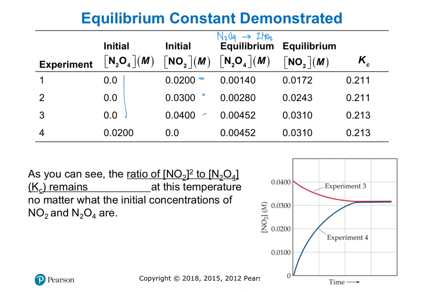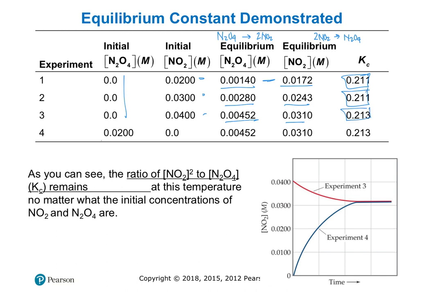Okay, so in this case, it's almost like this. 2 NO2s going to N2O4, right? So the reverse reaction is happening. And I will get a certain amount of my product, and then my equilibrium amount of my reactant will be different for each one. But either way, if I take the ratio of these two together, I get the same value, pretty much within error.